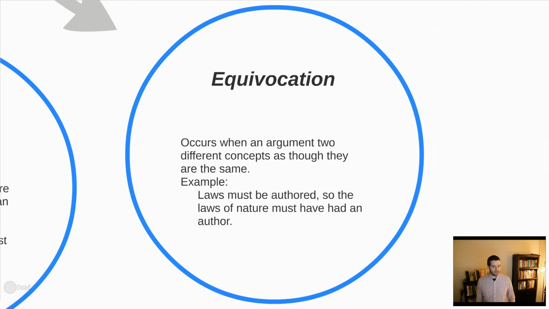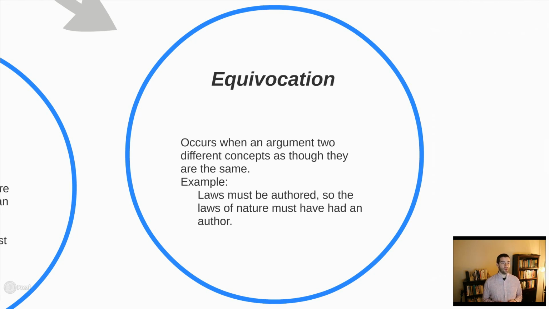Equivocation also occurs... I'm trying to think of another good example. Equivocation is one that's kind of harder to think of examples for. It also occurs a lot when we're talking about words with multiple values or ambiguous values, so things like tall. Whether or not someone's tall depends upon context.